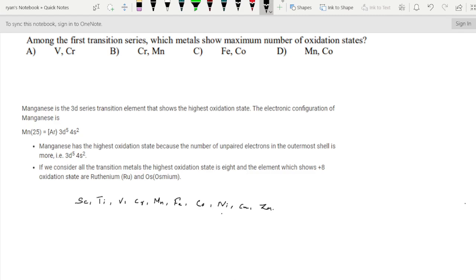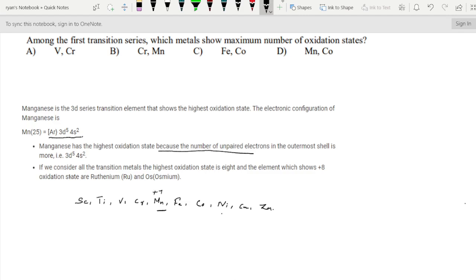In the case of manganese, Mn, the atomic number is 25 and the electronic configuration is argon 3d5 4s2. Manganese has the highest oxidation state because the number of unpaired electrons in the outermost shell is more. According to this series, the maximum oxidation state for manganese is plus 7.